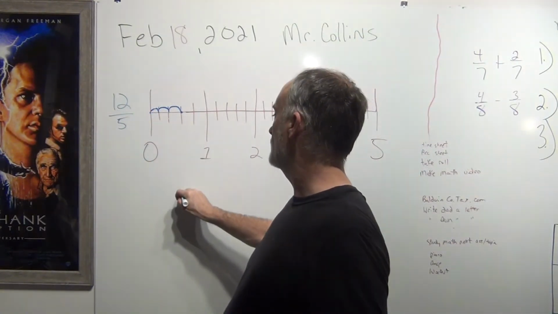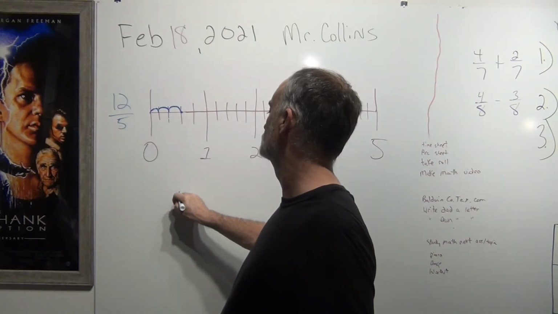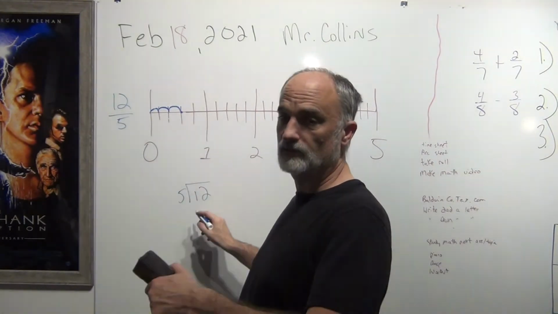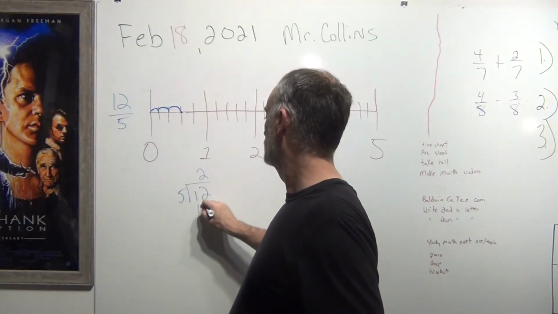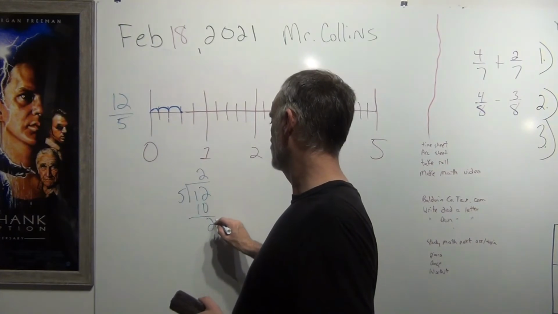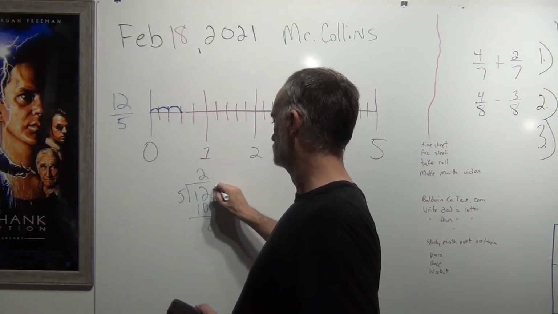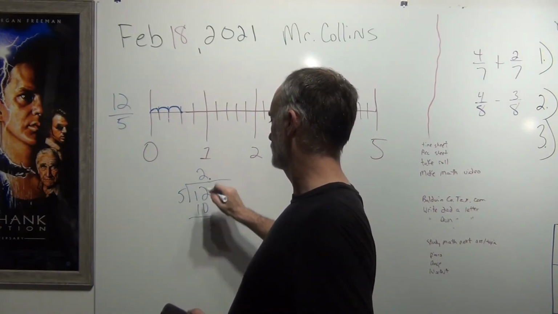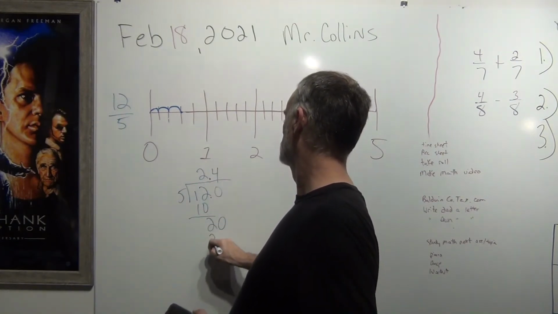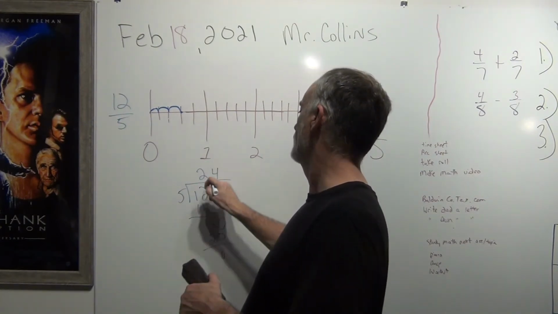To get that, I would go 5 goes into 12, 2 times. 5 times 2 is 10, got a remainder of 2. I don't know if I've taught you this yet. It's 2.4, okay?